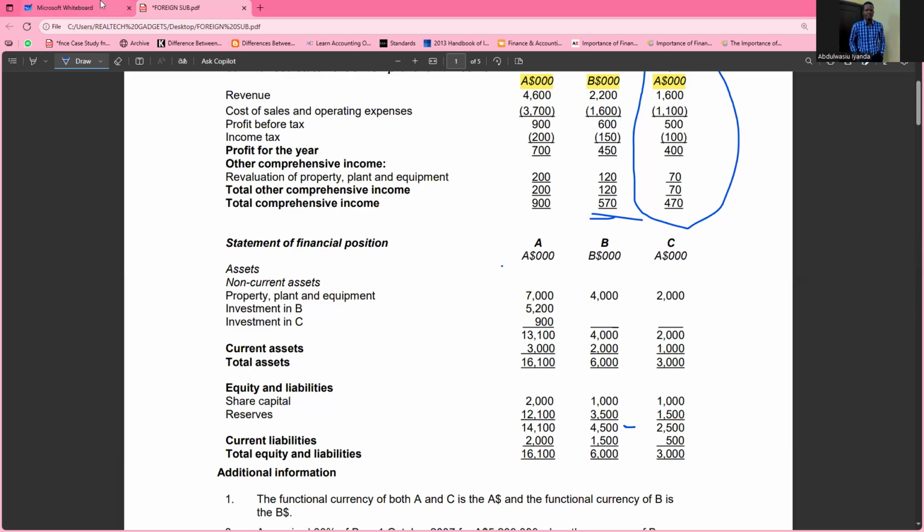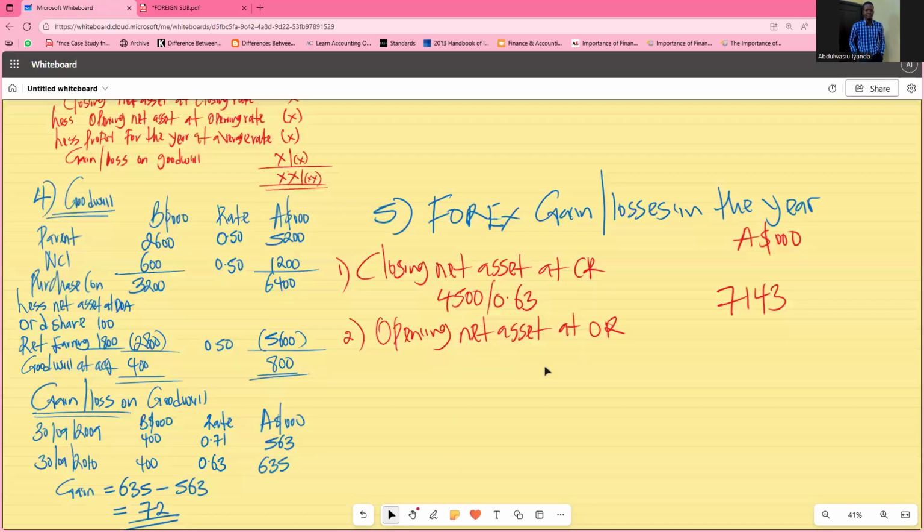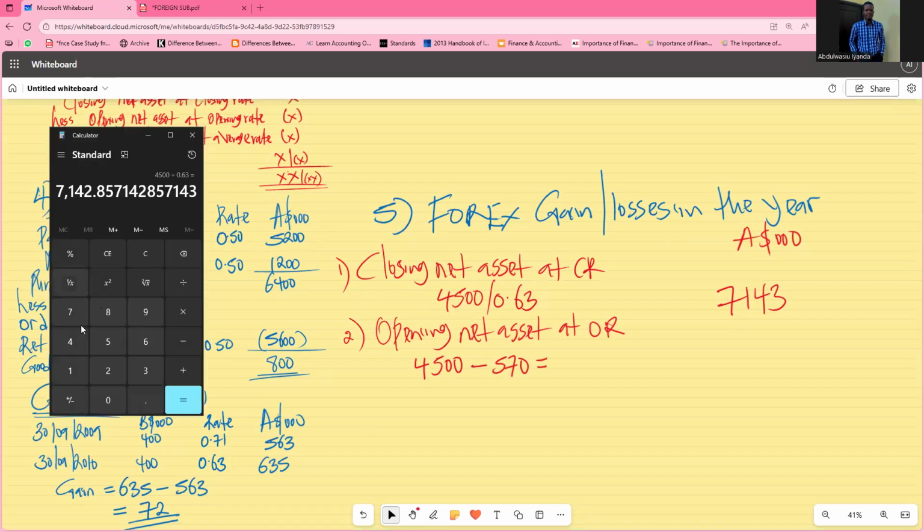Because let's say, for example, assuming that there's no trading at all this year, no business, then this my opening could have been 4.5 minus 570.